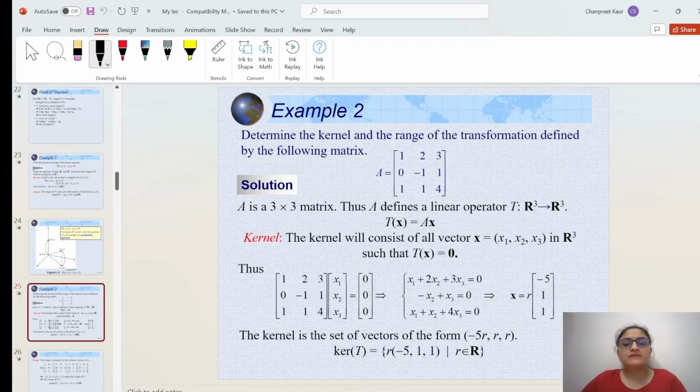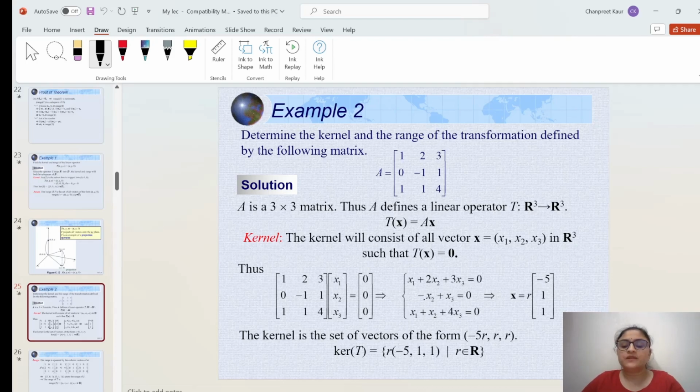Basically, I'm interested in all those elements which under the action of T are mapped to 0. So Tx equals 0, which turns out to be Ax equals 0. It gives rise to a system of linear equations, and we simply solve it.